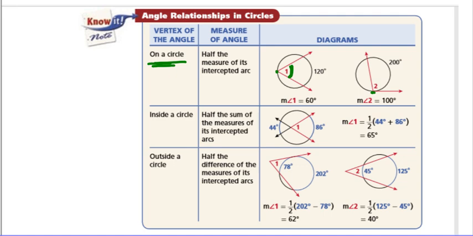Angle 1 equals half of 120, which equals 60. Angle 2, because the vertex is on the circle, equals half of 200. So angle 2 equals 100.